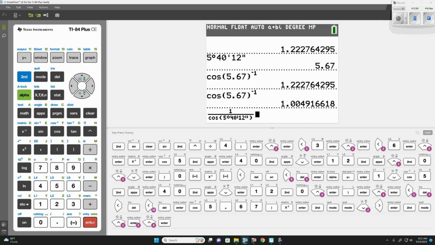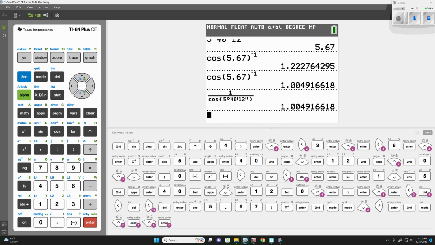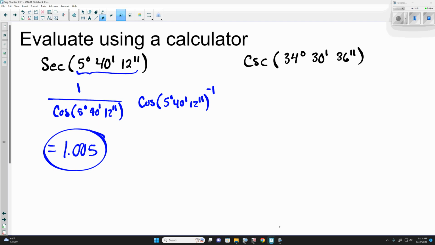And now if I come back up here, hit enter, we do get the correct value. So again, you didn't have to worry about this as much in the geometry class because everything was in degrees. Here we do have to be careful. Are we talking about radians or degrees? One of the biggest giveaways that we're with degrees is the degree symbol. If it's in terms of pi, pi is a part of our angle, it's in radians. So that's one of the bigger giveaways.